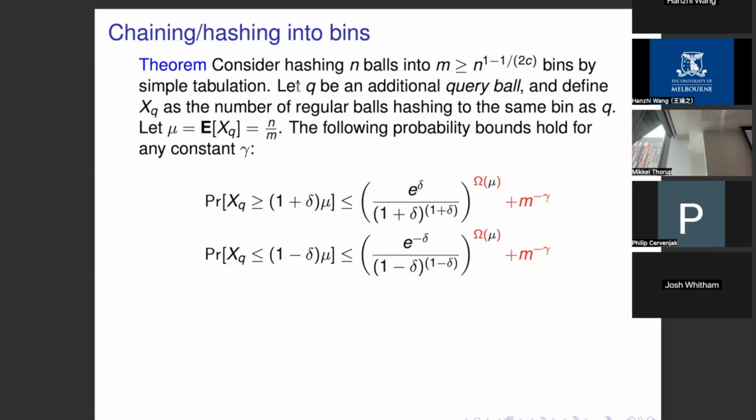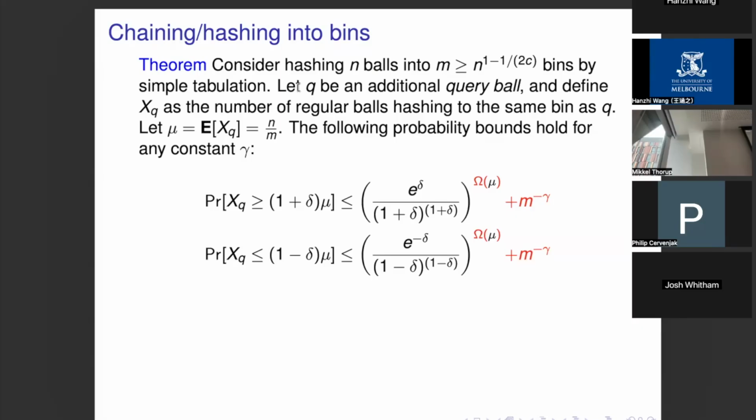And there's this nasty thing here, but if I throw balls into m bins, and m is large because it's a big storage system, so it's 1 million or something like that, then I can write m to the minus gamma, so 1 over 1 million squared or cubed or something like that.